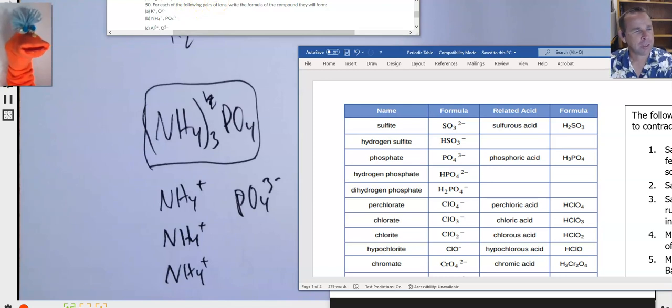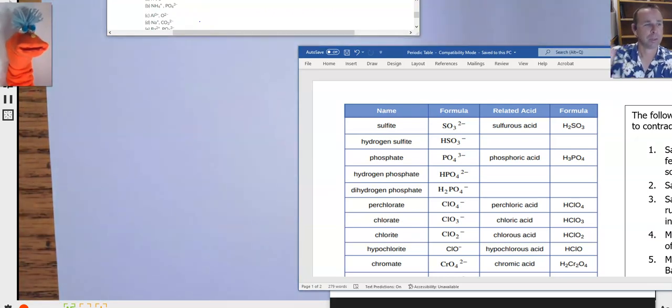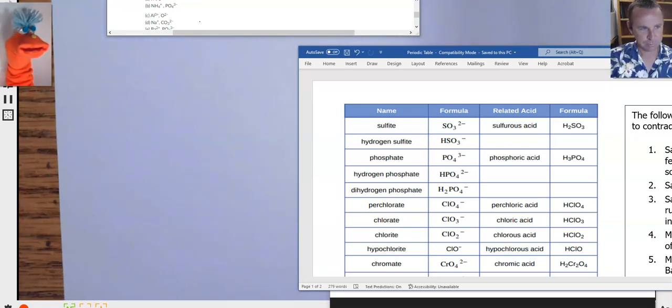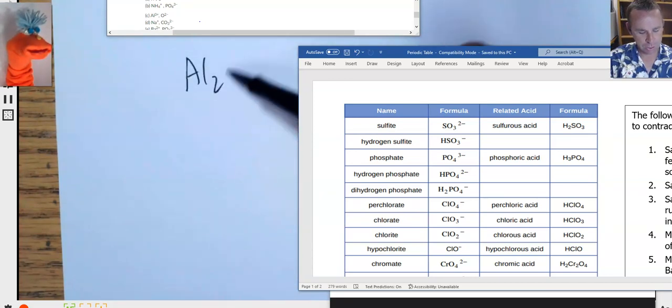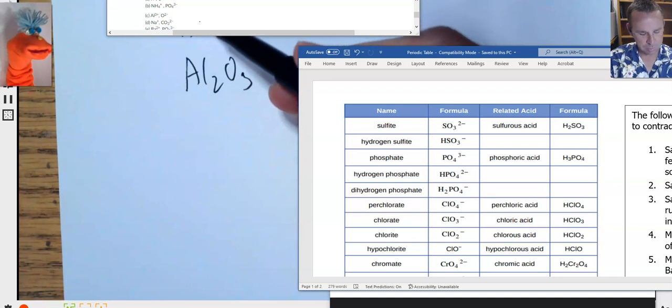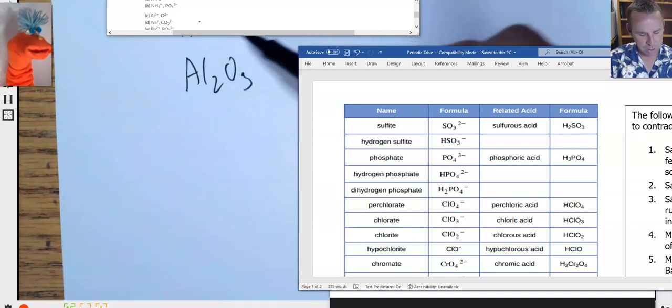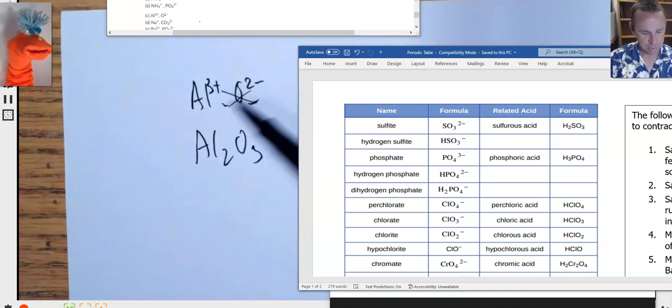Next one's C. All right, aluminum and oxygen. What do we do? Aluminum is a +3 charge. That's right. Oxygen's a -2. Yep. So it's going to be Al2O3. Very good. That little crisscross rule is an easy way to kind of see it.